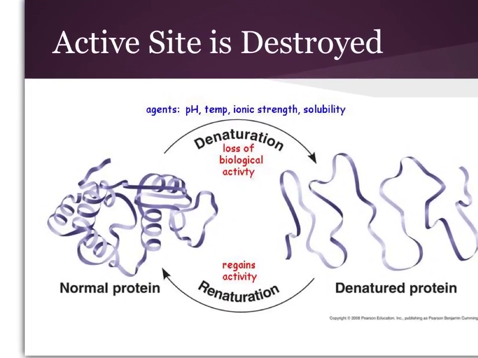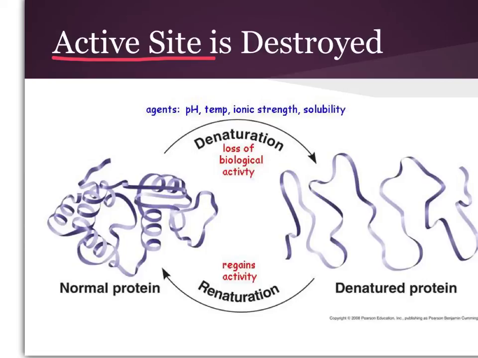As I move around our page, we will remove that active site. It will be destroyed if we start to unfold that protein. And if we destroy the active site, that substrate will not be able to bind to that enzyme, and that enzyme will not be able to speed up a chemical reaction.